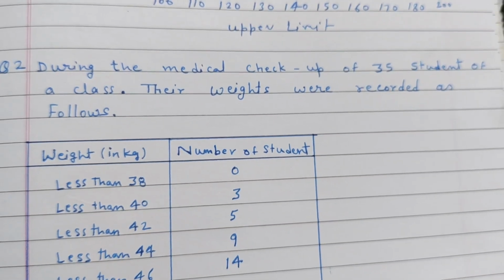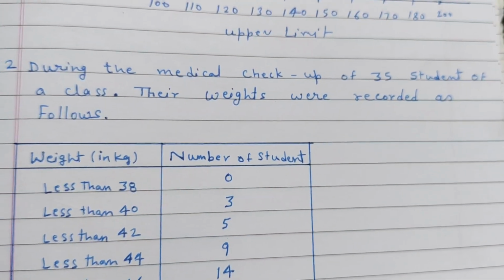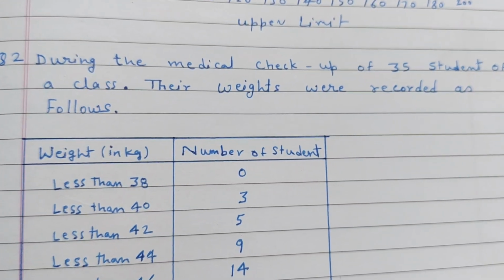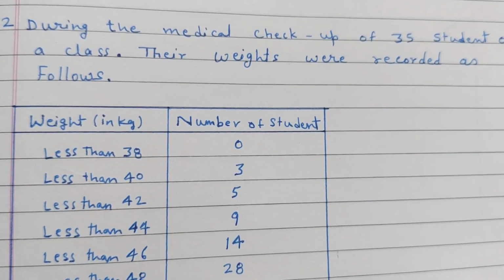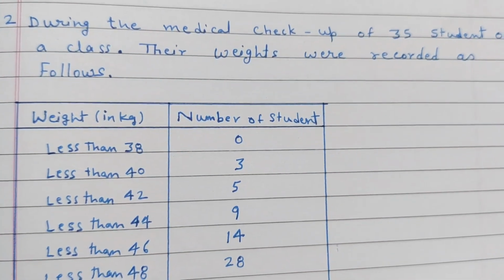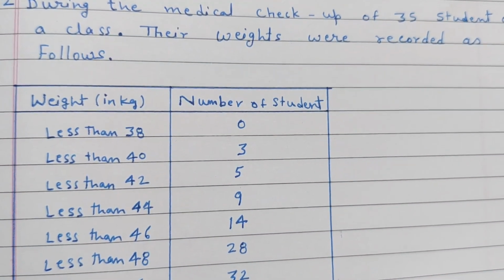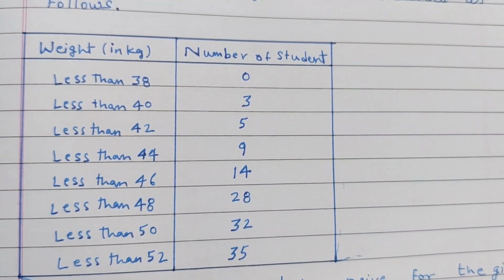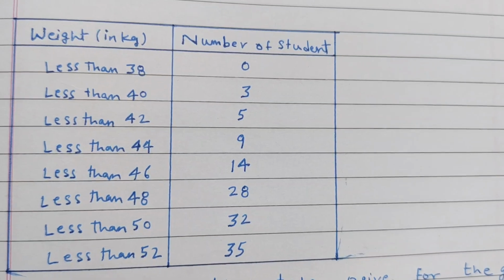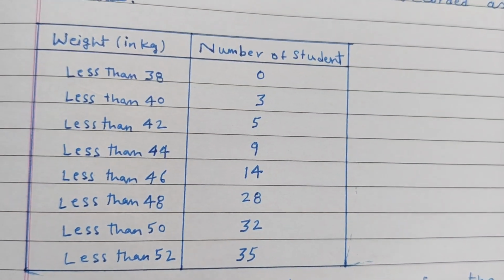Question number 2. During the medical checkup of 35 students of a class, their weights were recorded as follows: less than 38 is 0, less than 40 is 3, less than 42 is 5, less than 44 is 9, less than 46 is 14, less than 48 is 28, less than 50 is 32, less than 52 is 35.